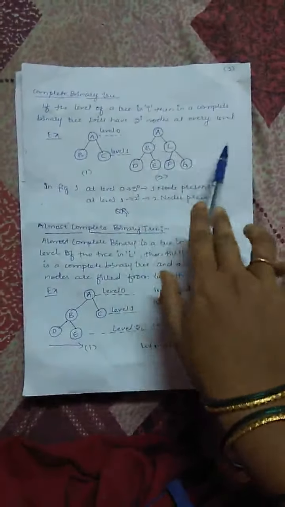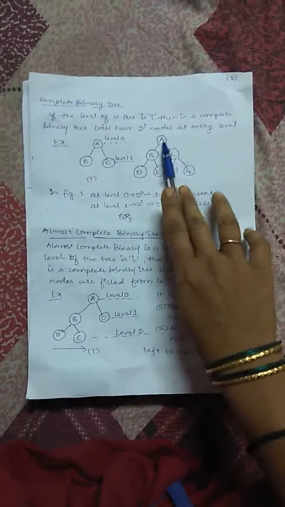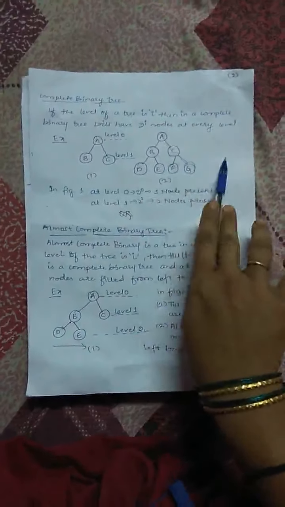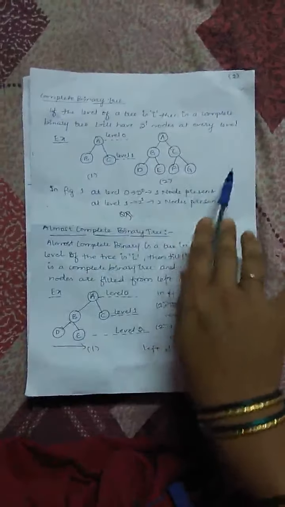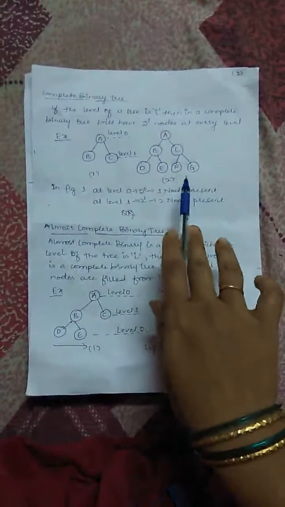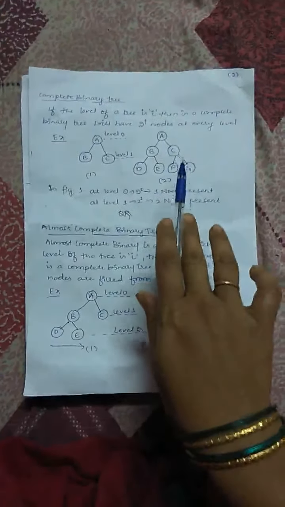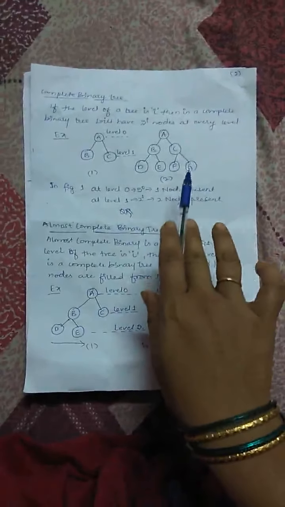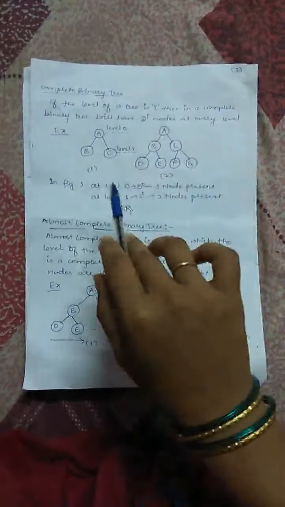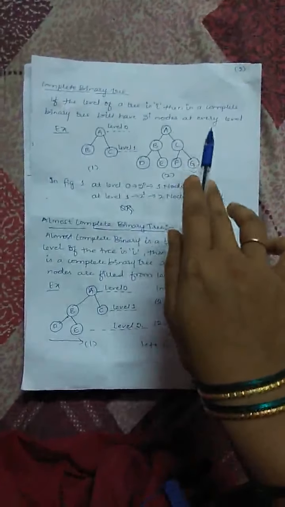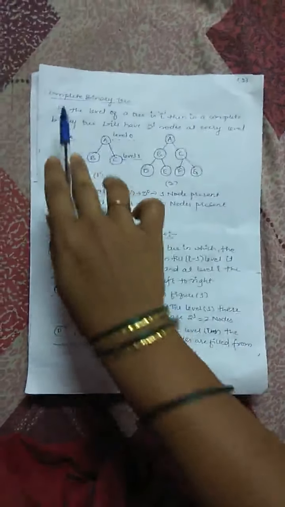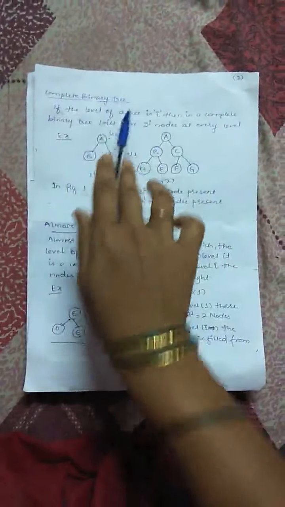If there are I levels, for example this is the 0th level, level number 1, level number 2, like that level I, then at each level I there should be 2 raised to I nodes. Then only it is said to be a complete binary tree.